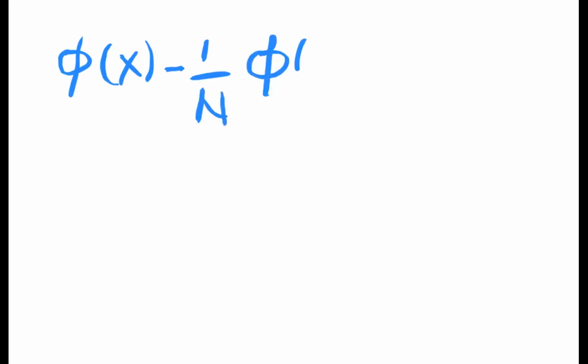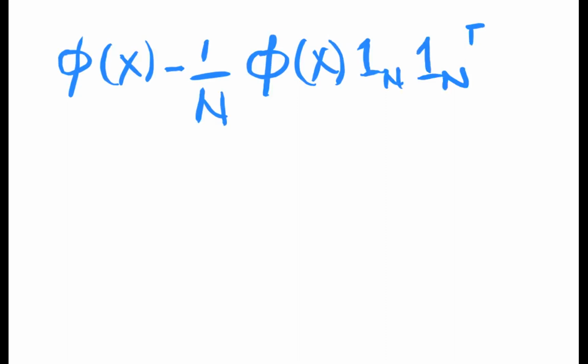We know, if you remember, phi of x minus 1 by n phi of x. We have covered this in the lecture. We were talking about the H matrix, but you will see that shortly.